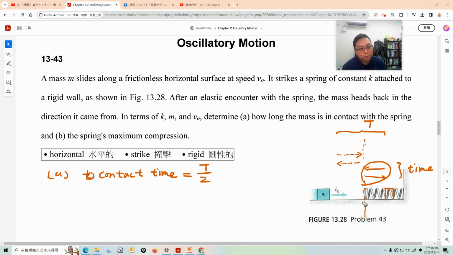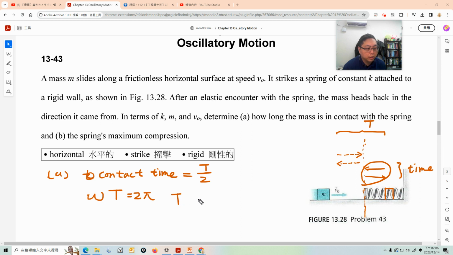This motion is very similar to simple harmonic oscillation. So in simple harmonic oscillation, how do we calculate the period? Omega, the angular frequency, times the period equals 2 pi. So we can calculate the period from the angular frequency, right?